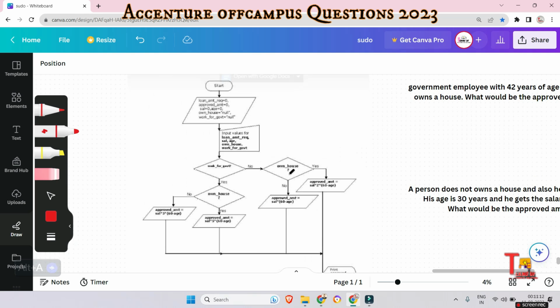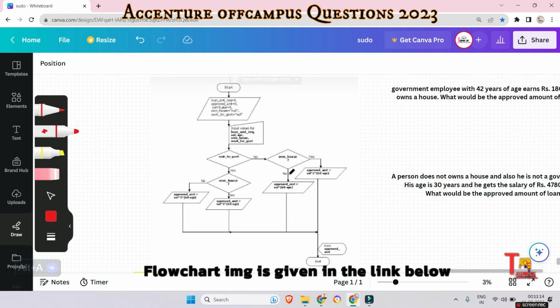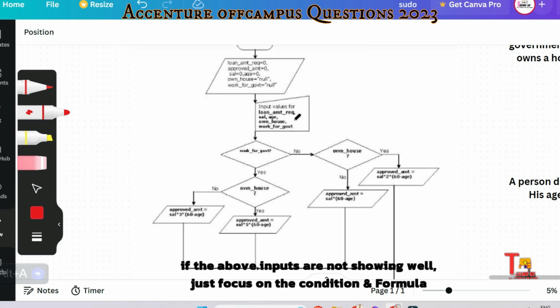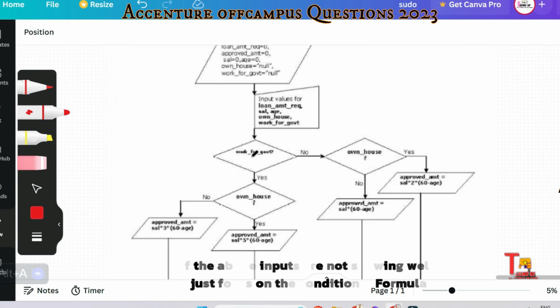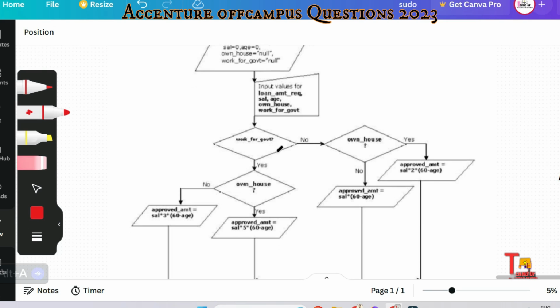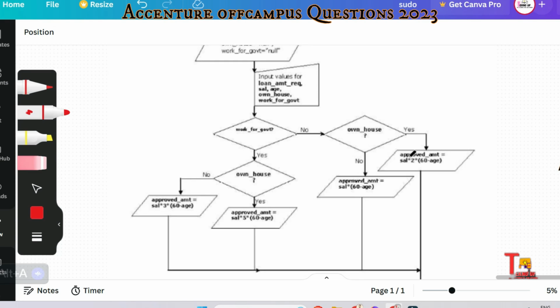The question is, the flowchart is shown to you. The input values are loan amount required, salary, age, own house, work for government. These are the input values, right? And here are the conditions, right? Work for government, own house, and these are the actions, right?